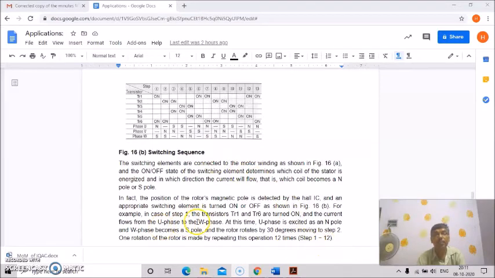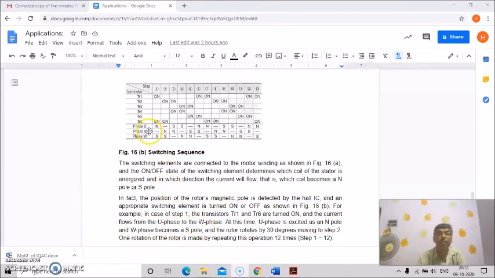For example, in case of step 1, the transistors TR1 and TR6 are on. For this, the current flows from U phase to W phase.